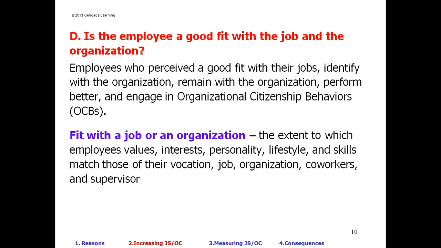Fit with the job or organization is the extent to which employees' values and interests, their lifestyle and skills, match those of their vocation, job, organization, co-workers, and supervision.